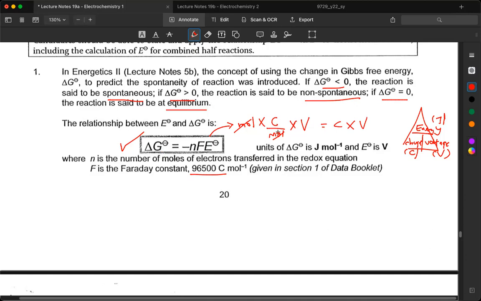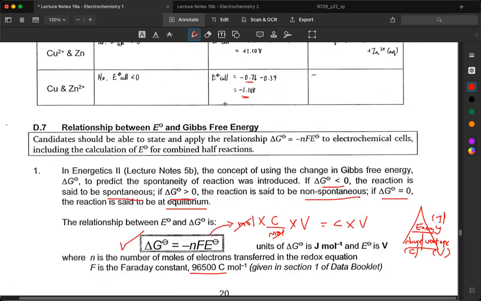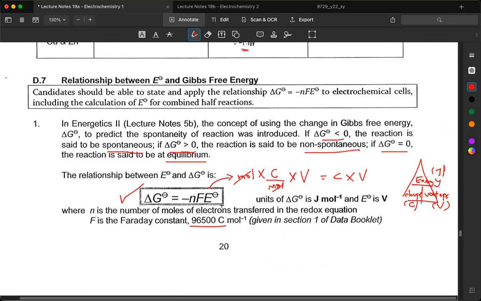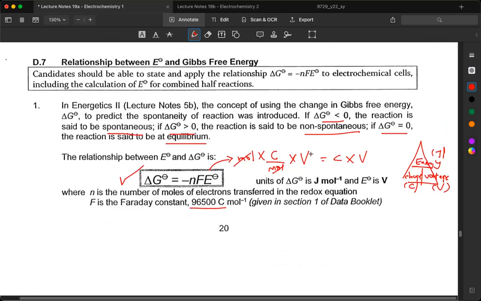Why do the moles cancel, but it's still per mole here? Oh, I forgot. This one is per mole. The E, if you remember, standard condition is per mole. So I think there is a mole here. So you still have a per mole there. That's why it's joule per mole.